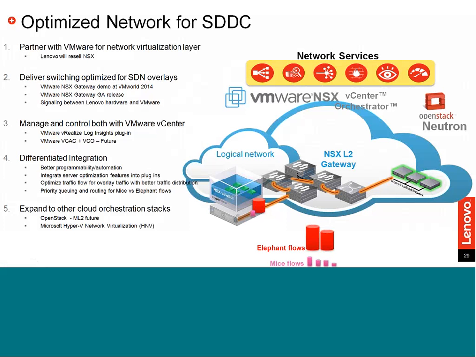So again, this is just another view of the software-defined data center, but now instead of the OpenStack environment, we're looking at the VMware view of things. So again, it's NSX. These are some features that we've already implemented. The NSX gateway is a feature that's required in a hardware switch in the network that allows a VMware NSX environment to communicate outside to a non-NSX.